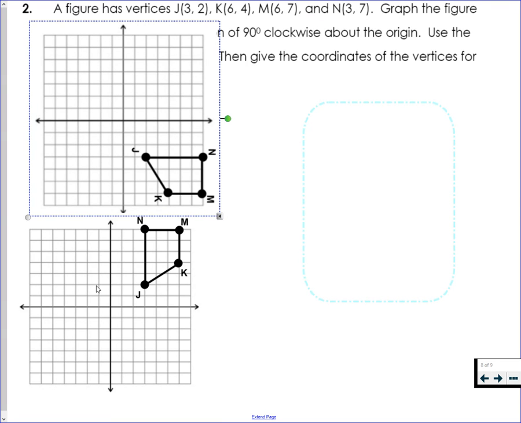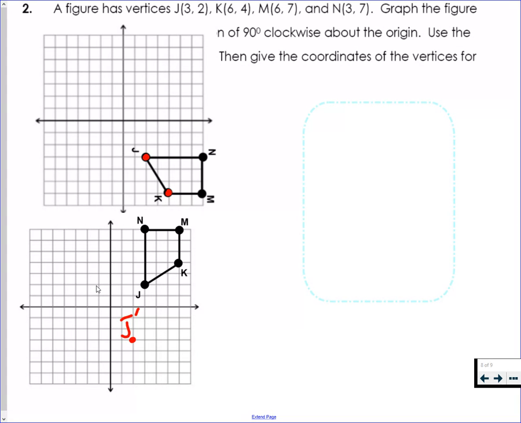All right, so J looks now like it's at the point 2, -3. So 2, -3, here's J prime. Point K right here looks like it's at 4, 1, 2, 3, 4, 5, 6. So 4, -6.